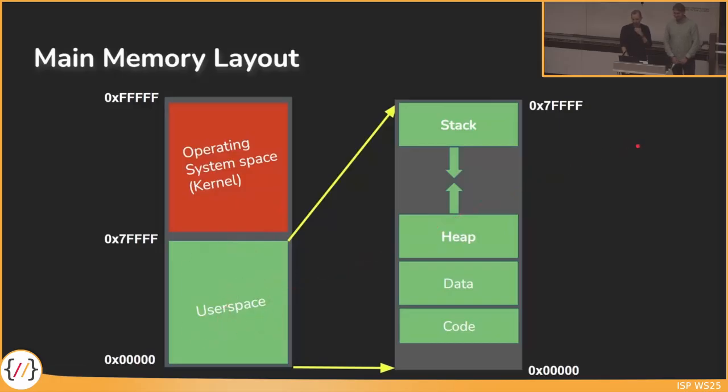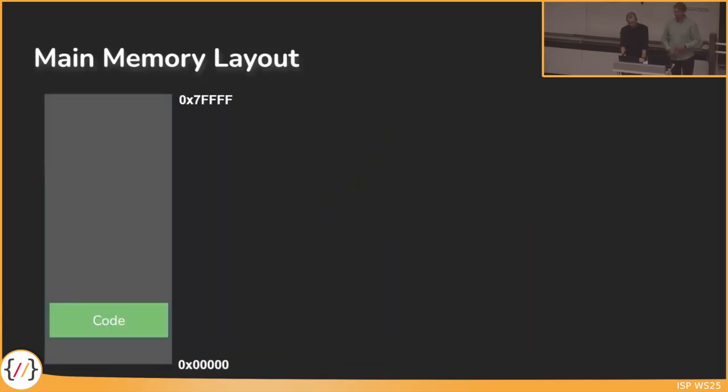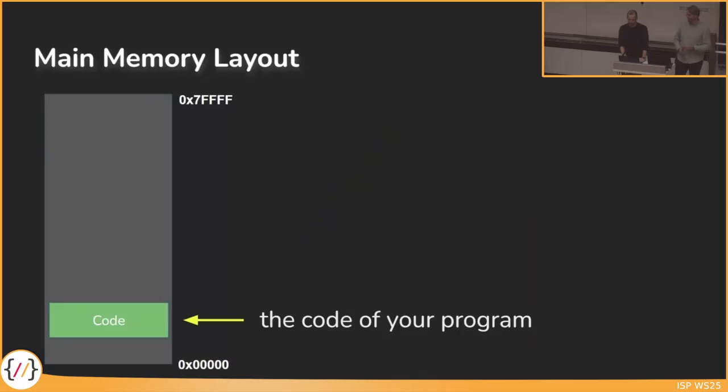And the user space uses some segments we might have discussed already, especially the stack. We already mentioned a few times the stack. Stack is just one part of the user space. The other ones are the heap, the data segment, and the code segment. Let's see what this is. So the code segment is the segment in the memory where your program lies.